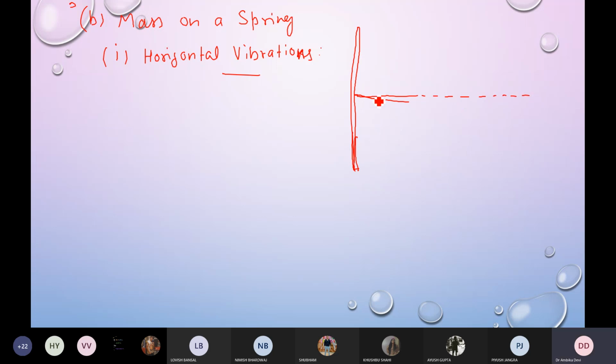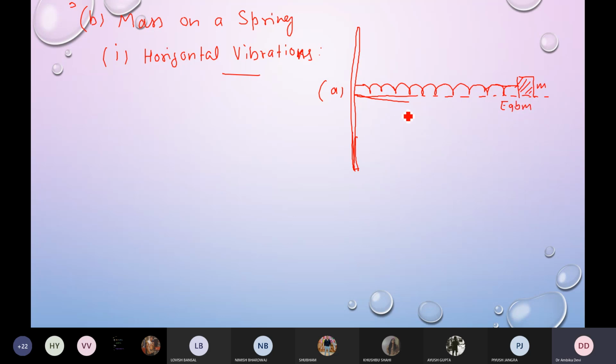Okay, so if this is the situation, let's say this is the spring and the spring is connected to the mass m. Let's say this is position A. Here this is the equilibrium position.